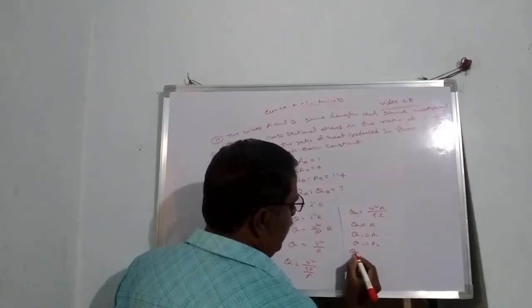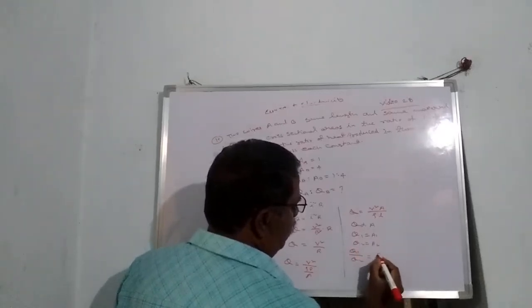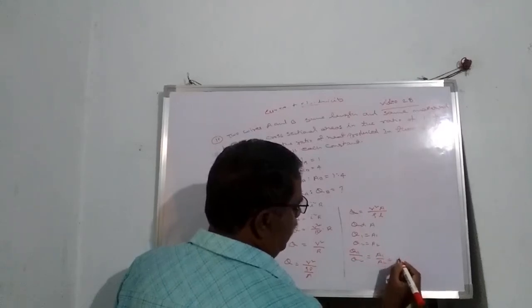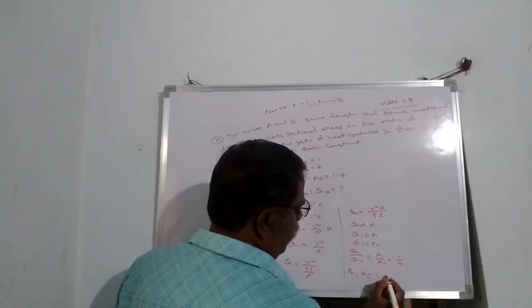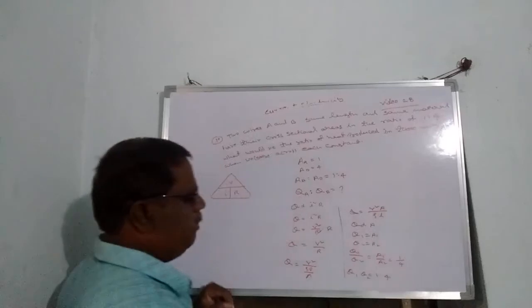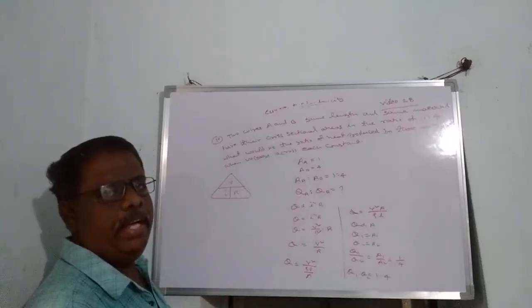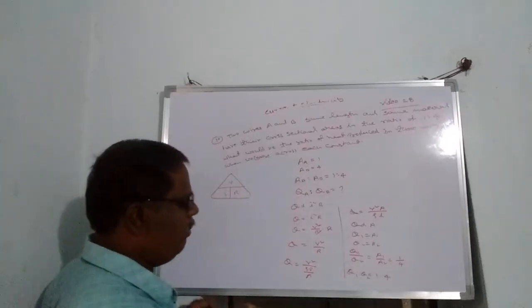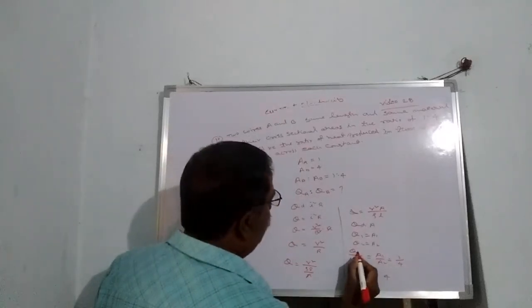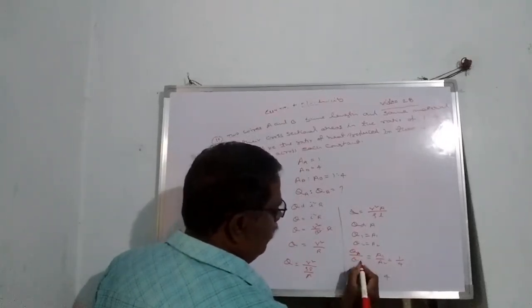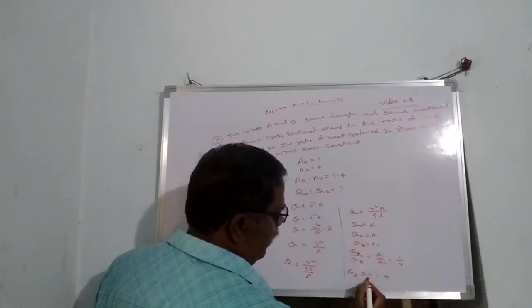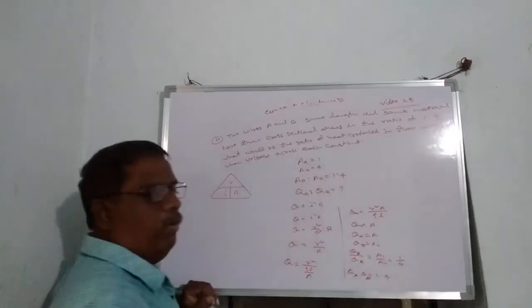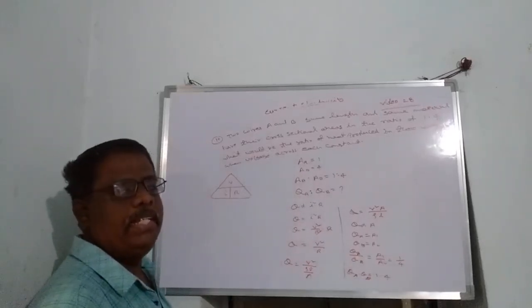Therefore Q1 by Q2 is equal to A1 by A2, that is 1 by 4, or Q1 is to Q2 is also equal to 1:4. So what is the ratio of heat produced in the wires, Q1 and Q2, or QA and QB? We are given the names here as QA and QB.